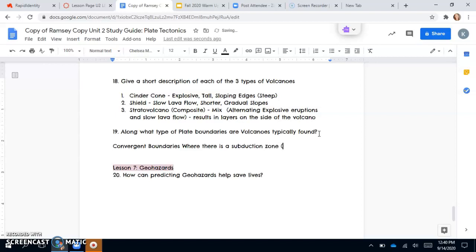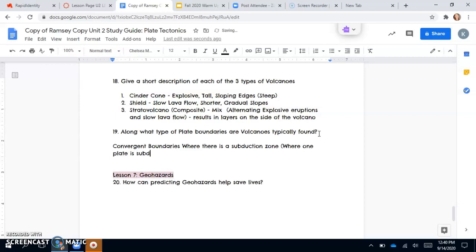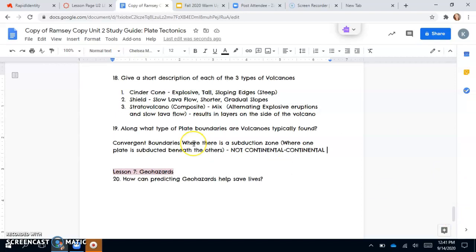And remember, a subduction zone is where one plate is subducted beneath the other. Not continental. So remember, at a continental boundary, that's where you get non-volcano mountains. Convergent boundaries where there's a subduction zone, that's where you're going to get your volcanoes.